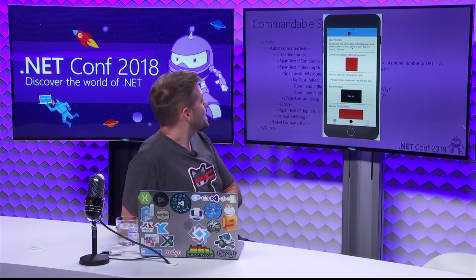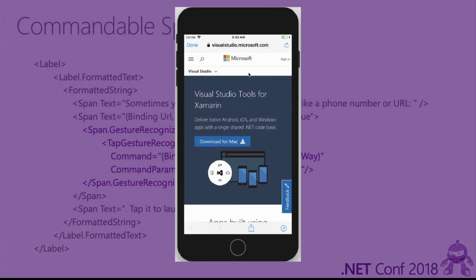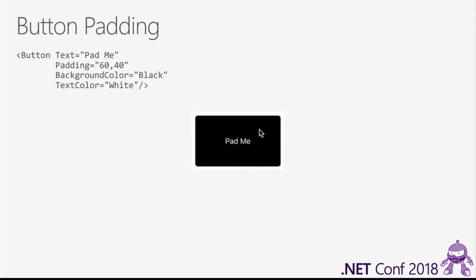It's really as simple as that, and it's super useful. So here's a quick recording of me clicking the Xamarin.com link, which now redirects to visualstudio.microsoft.com, which I'm okay with. It's okay. But we do miss the Xamarin.com. So use that. That's very cool.